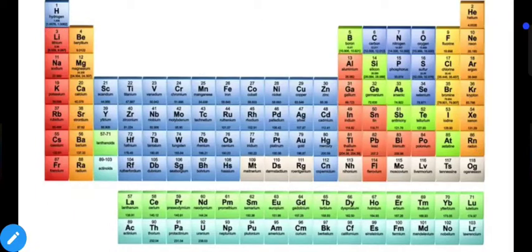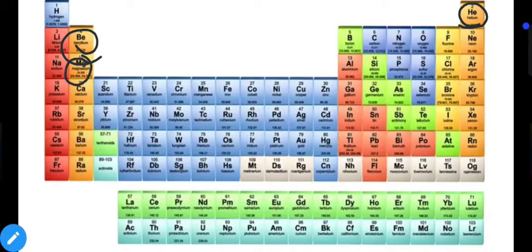Similarly, if we talk about the second column or second group, all of the group 2 elements contain two extra electrons than their previous noble gas. For example, the first element of the second group, beryllium, contains two extra electrons than helium.